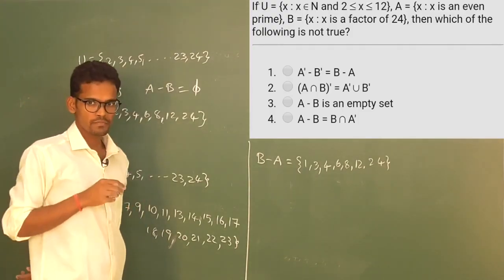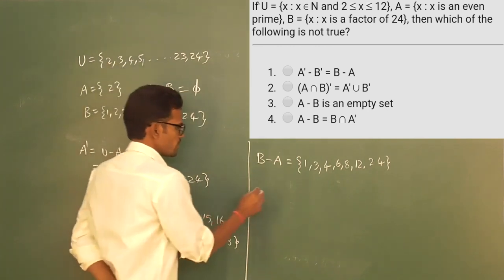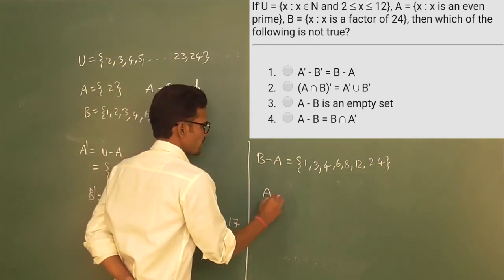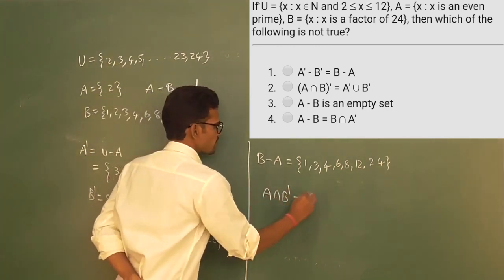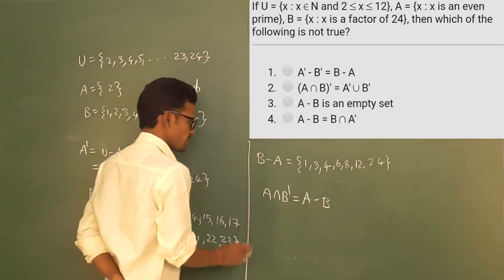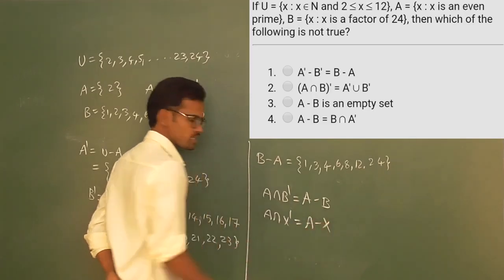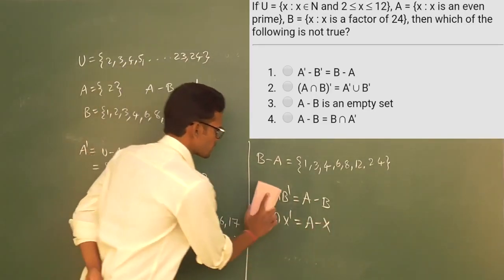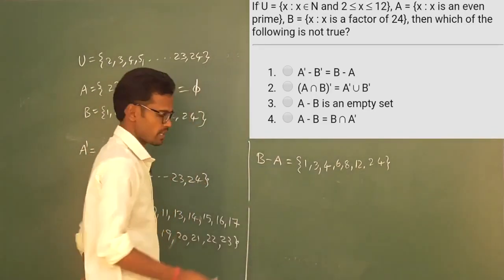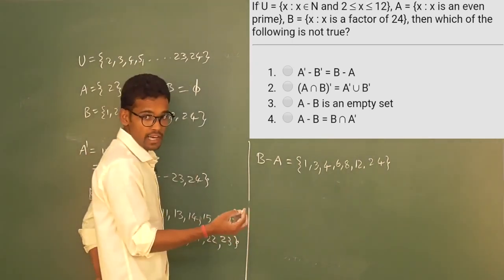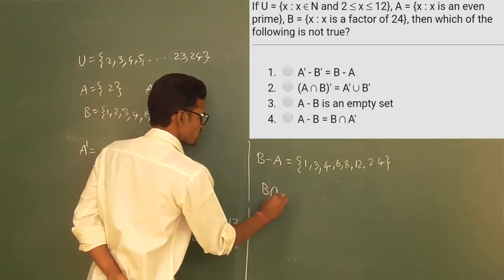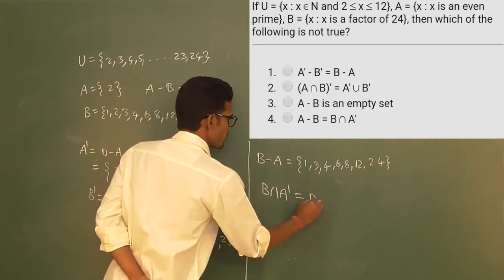We know if we have A intersection B dash, it is nothing but A minus B, right? If we have A intersection X dash, it is going to be A minus X easily. So if you see the fourth option, what is given there? On the right side, RHS, we have given B intersection A dash, then it has to be B minus A.